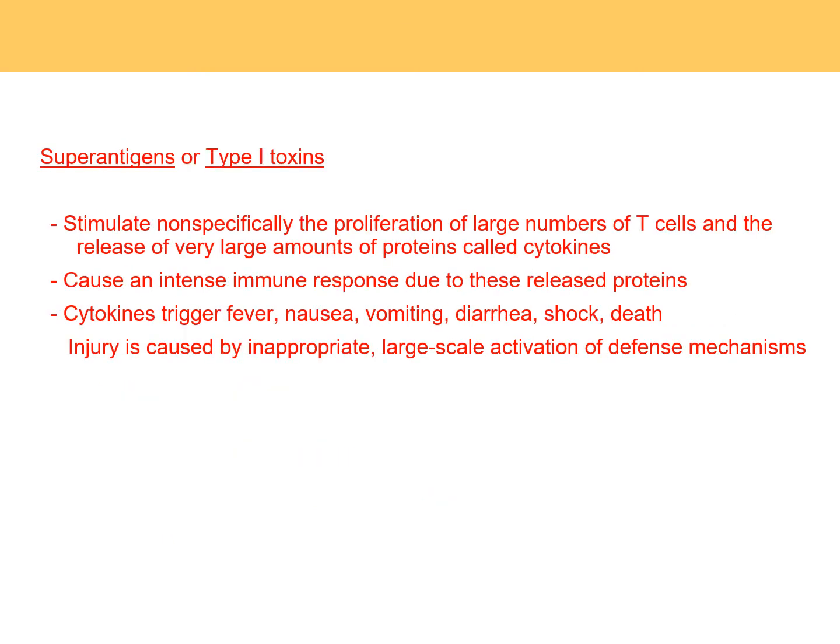The type 1 toxins or superantigens have an ability to stimulate T cells in a non-specific way. You have a large number of T lymphocytes or T cells in your body, and each T cell has a specificity for a different foreign structure.